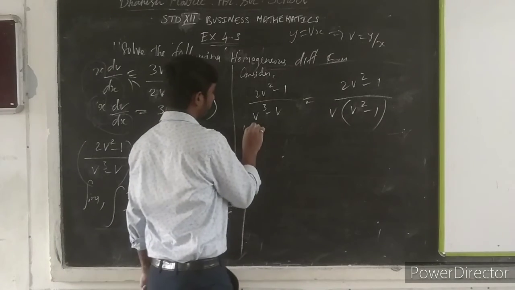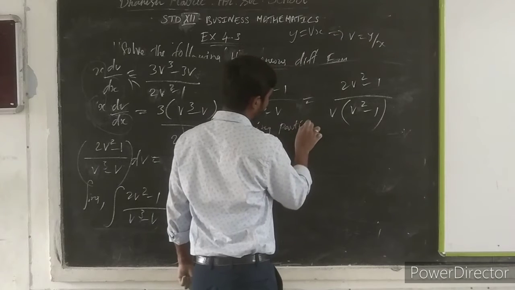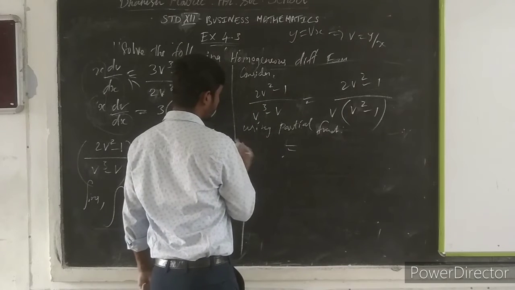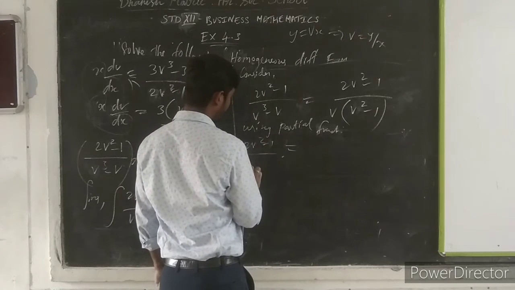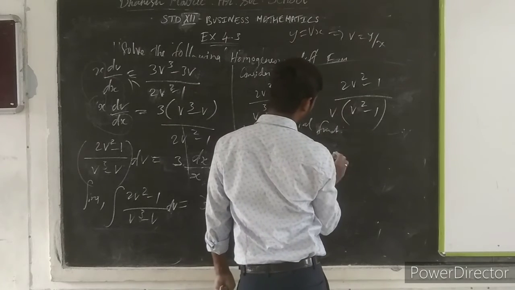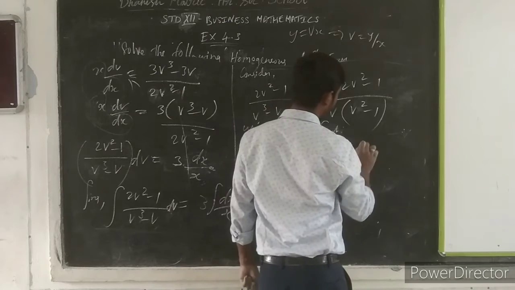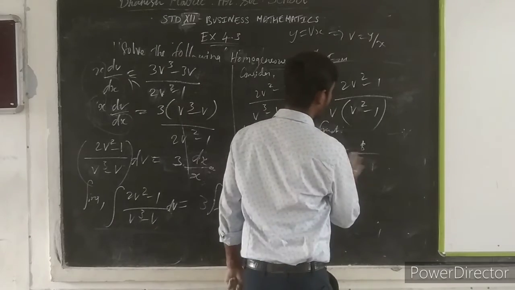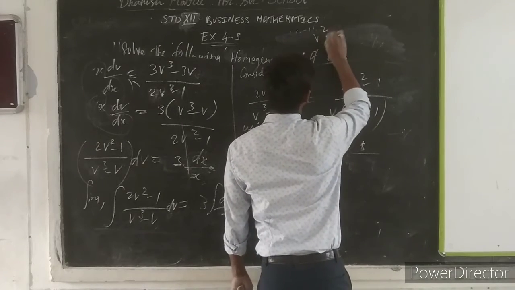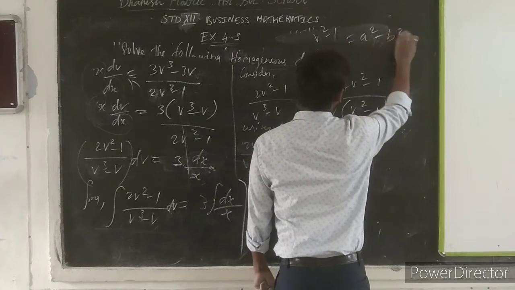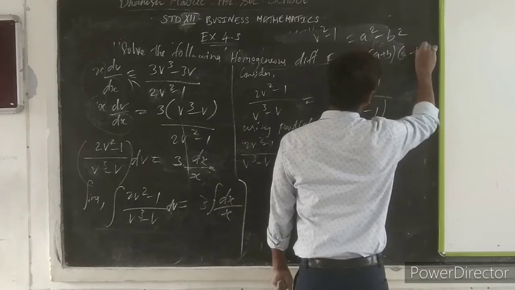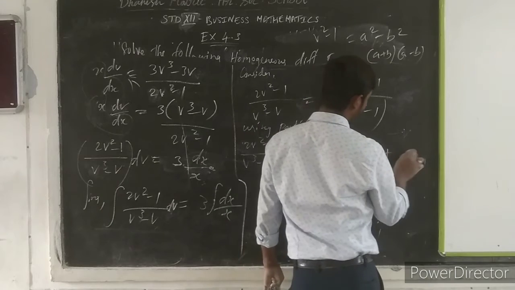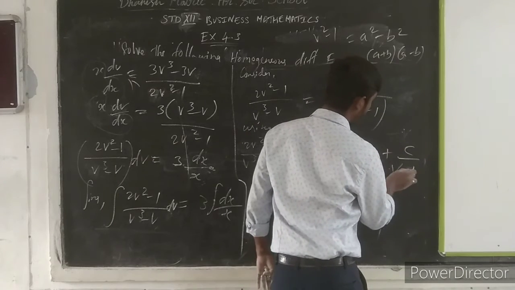Now using the partial fraction method, we get A/v + B/(v + 1) + C/(v − 1). v² − 1 looks like a² − b², that is the (a + b)(a − b) format.